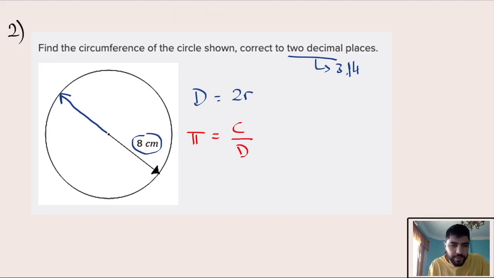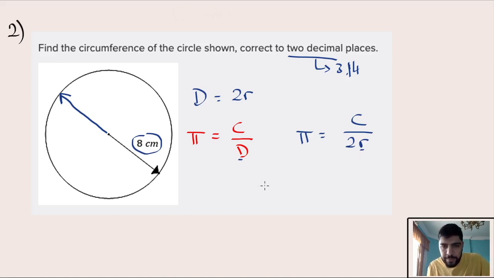So we can substitute D if we want. Instead of pi equals C over D, we can say pi equals C over 2R. Both of these are perfectly accurate equations. We can use whichever we want. This one uses R, this one uses D, and we know that D equals 2R. So we're free to choose whichever one we want. I'm going to choose the new one just for fun.